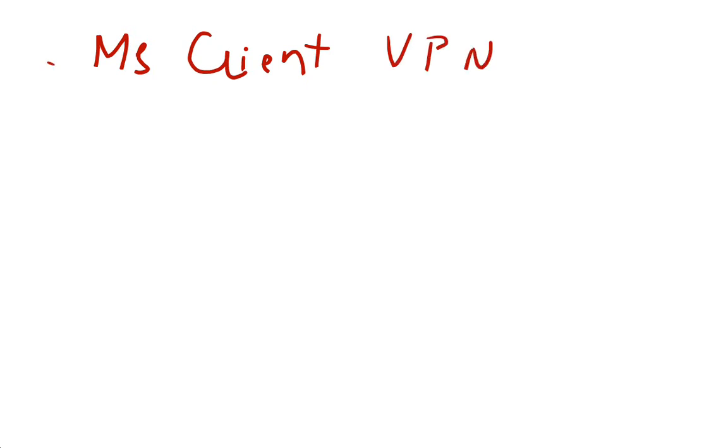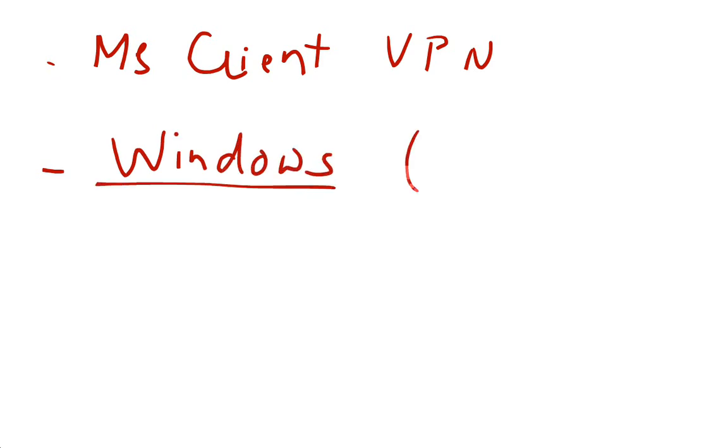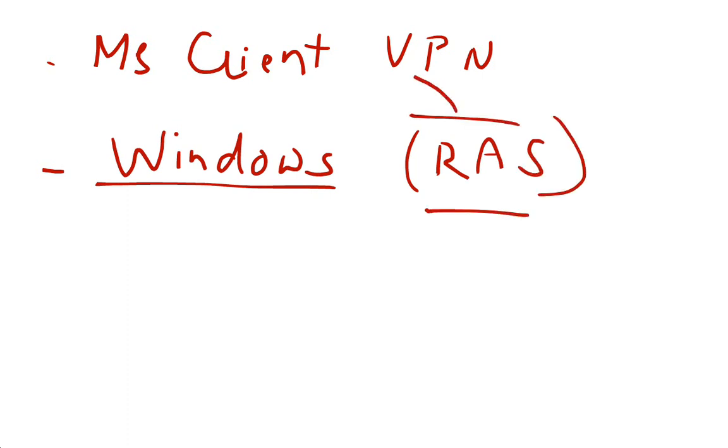And when we install Windows servers in our offices, we have the Remote Access Server, which is the Microsoft version of VPN.